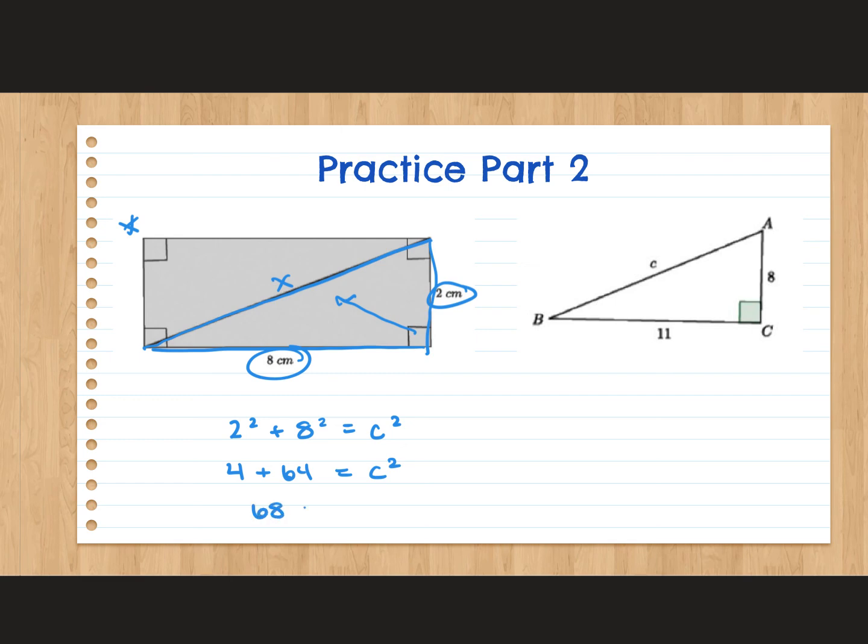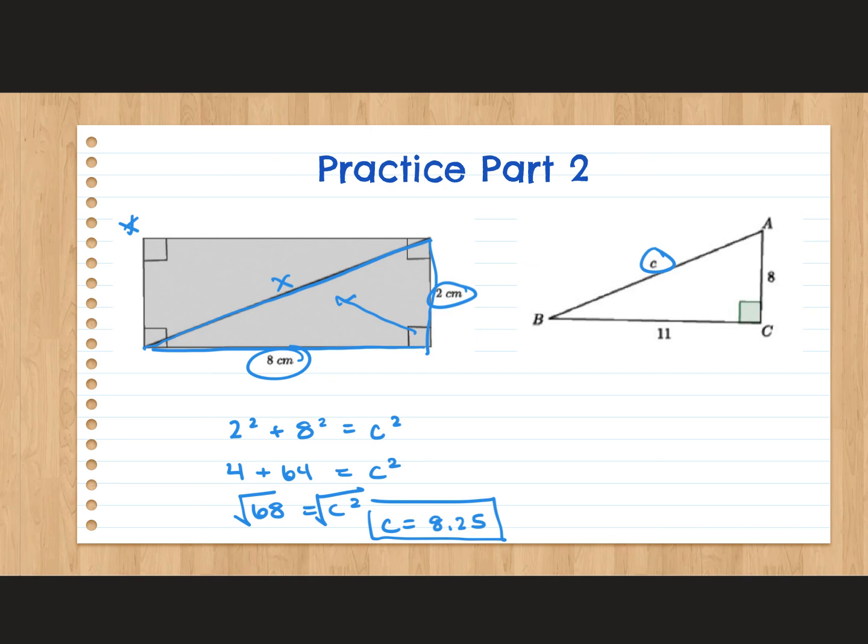We get 68 is equal to C squared, and we're going to take the square root of both of those sides. So once we take the square root of 68, again, it will definitely let you know on any assessment or assignment whether it wants you to just keep it in radical form or if it wants you to simplify into decimal form. So you get 8.25 as your C. Make sure you are rounding, especially if it asks you on an assessment to round, that you round properly.